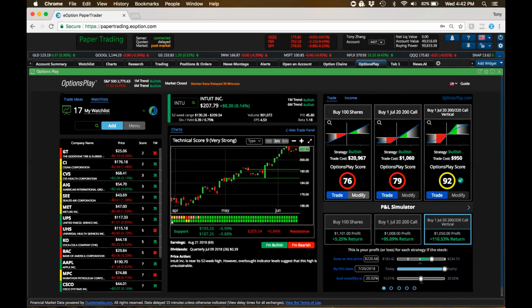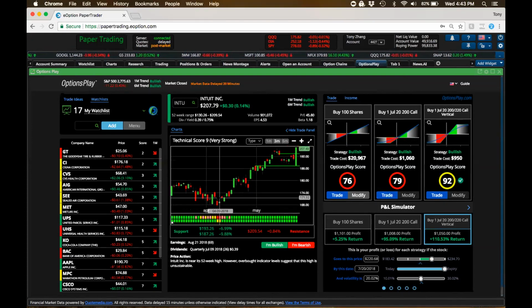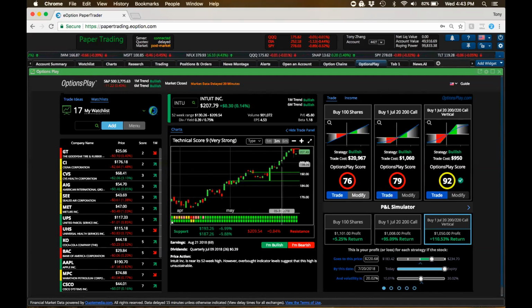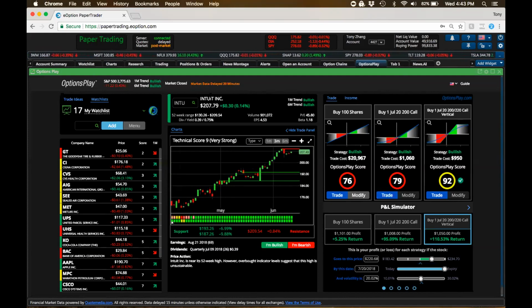Here, the 1 month and 6 month trends are bullish, and it's been bullish for quite some time, ever since early April, when things were looking a little neutral, and then in mid-April things turned really bullish on Intuit, which is not a surprise. Right after April 15th or April 18th, when we had to file taxes, that's when Intuit stock really took off. Intuit being TurboTax, for those of you that are not aware.